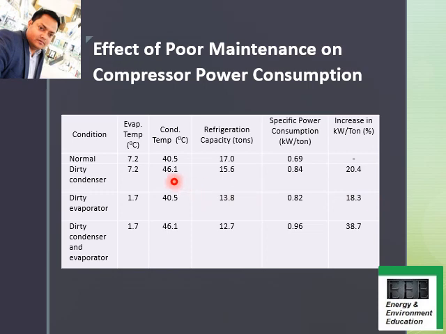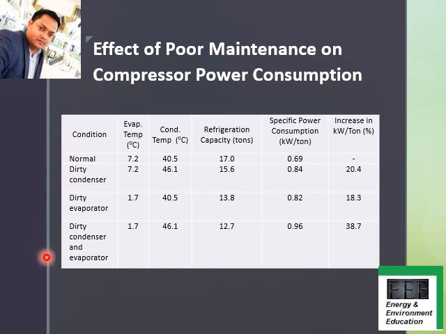So overall, what we see here is that we have to keep the condenser temperature as low as possible and the evaporator temperature as high as possible. But if they are kept dirty, there will be the opposite result. Therefore the maintenance of the evaporator and the condenser is very important as far as energy consumption or energy conservation is concerned, friends.